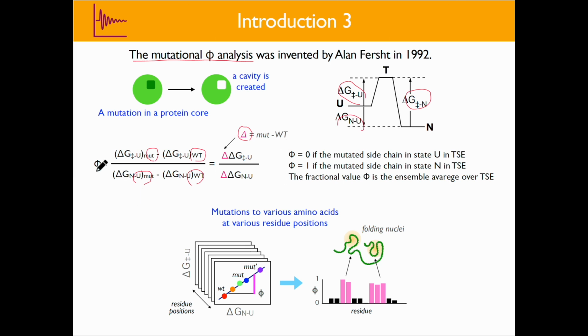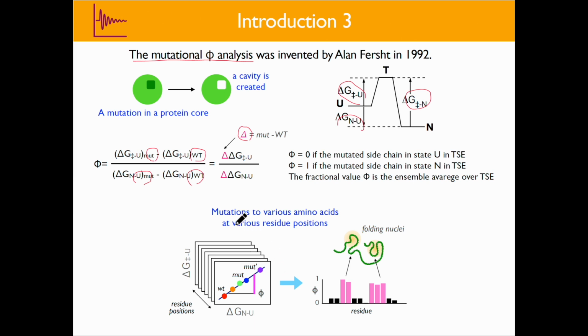This phi value is 0 if the mutated side chain in the TSE is in the state U, and phi equals 1 if the mutated side chain in the TSE is in the state N. The fractional value of phi is obtained because this is the ensemble average over the TSE.